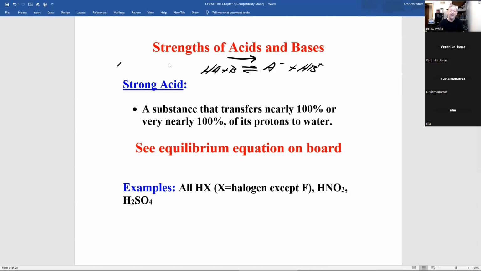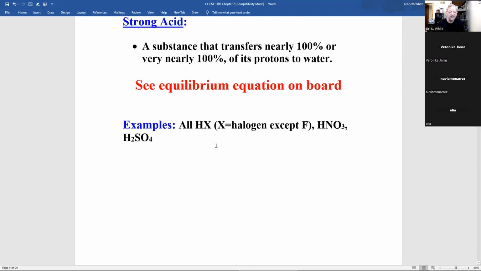In other words, a strong acid says, I've got a proton and you're going to take it whether you like it or not. Some examples are sulfuric acid, a very strong acid, and hydrochloric acid, also a strong acid.